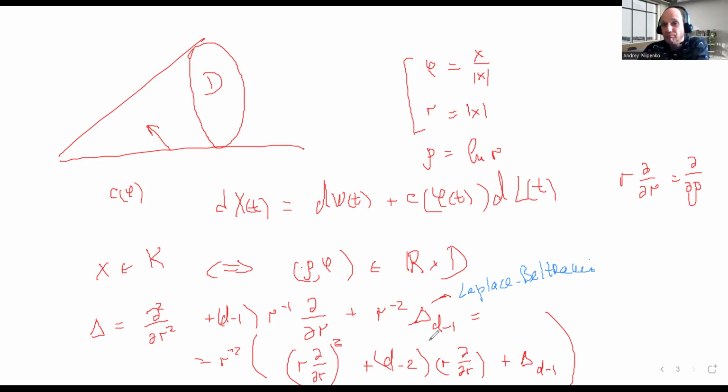And if I apply the Ito formula and make some transformations, then I obtain the following equations for the radius and for the polar angle.